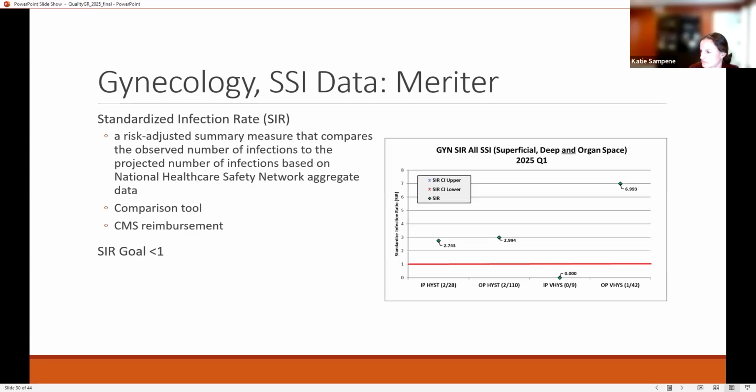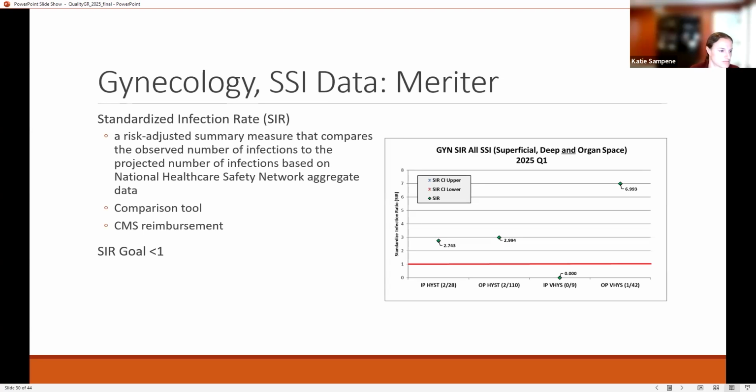So a little bit of background, the standardized infection rate, or SIR, is something that's focused on significantly by almost every institution in the country. It's a risk-adjusted summary measure that compares the observed number of infections to the projected number of infections, and that number is based on National Healthcare Safety Network aggregate data.